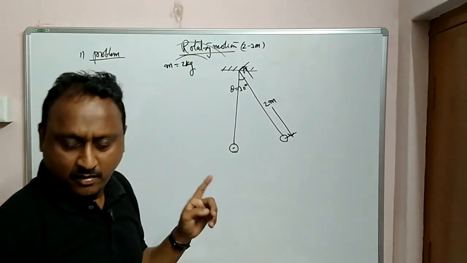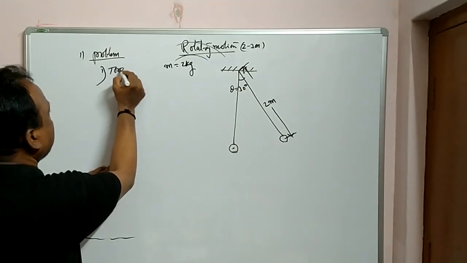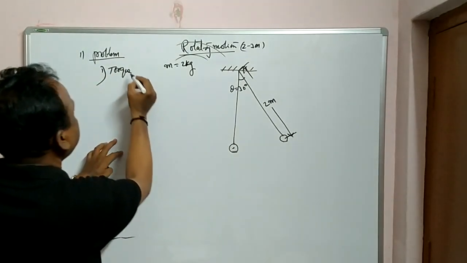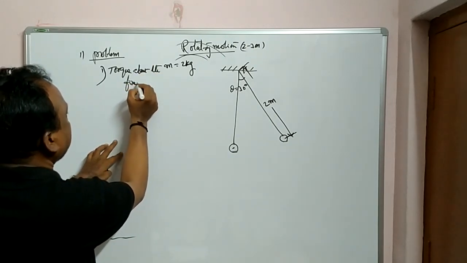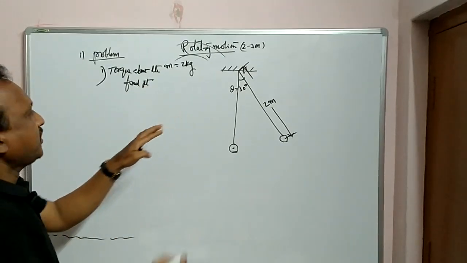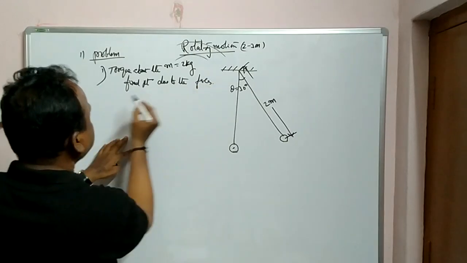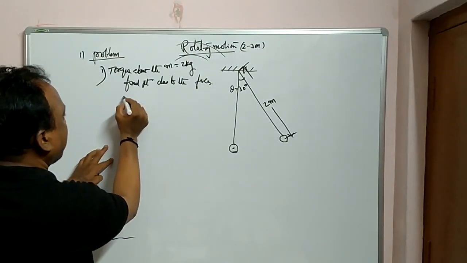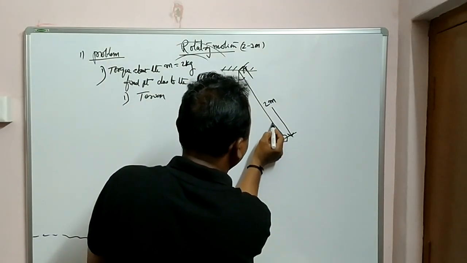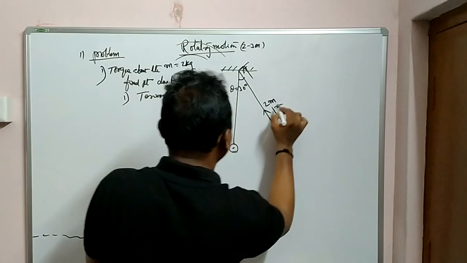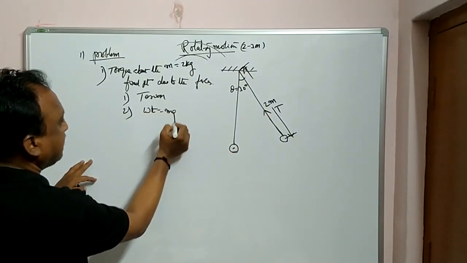Now in this case, you have to find the torque about this fixed point due to the forces. Number 1, one is tension, second is due to weight, that is mg.